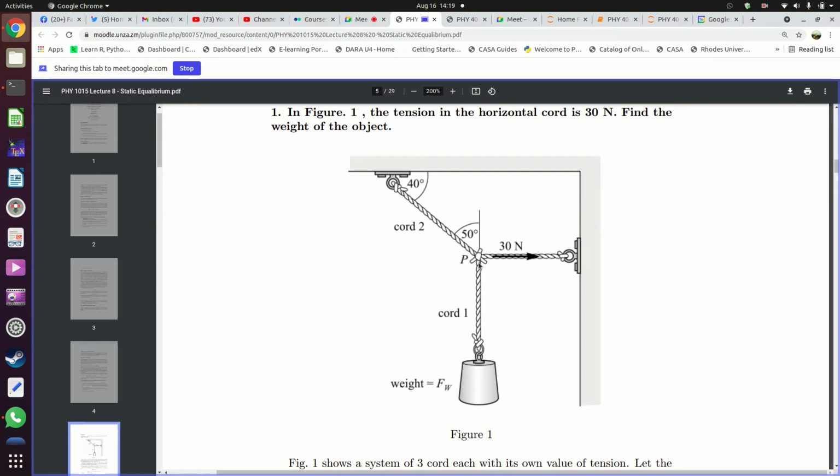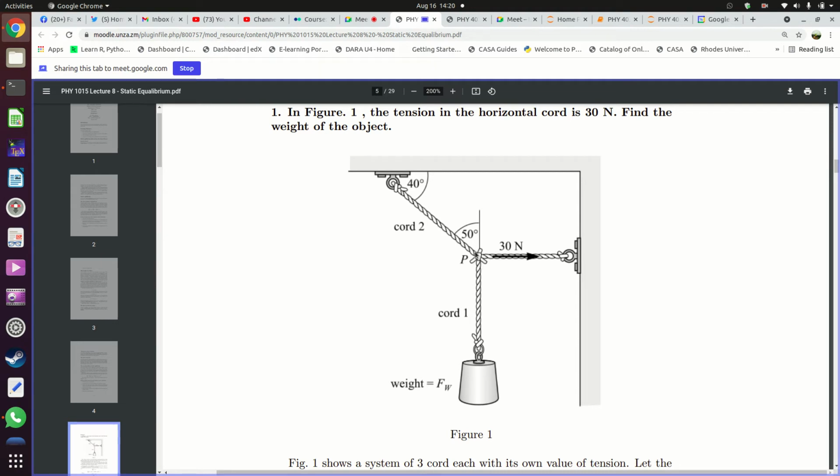So we have a tension in the horizontal rope, a tension in this vertical rope, and a tension in this one here. With this setup, all these forces in these ropes have the end result of making this point P not move.